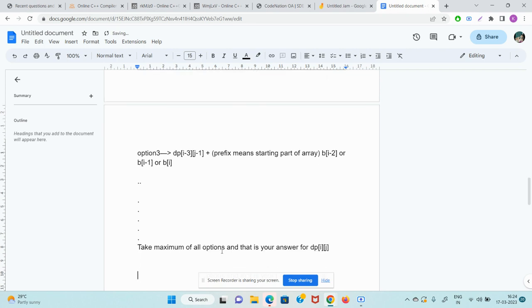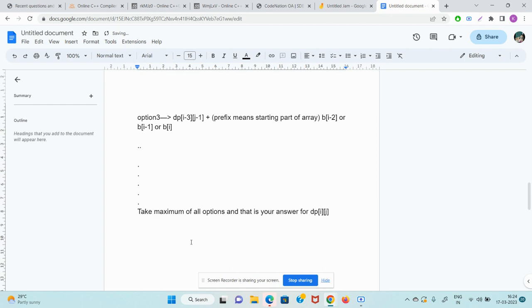So what will be the algorithm? We will have to run three nested for loops. Calculate dp i j for all i from 1 to n because there are n elements, and all j from 1 to k because they want us to divide the array into k parts.